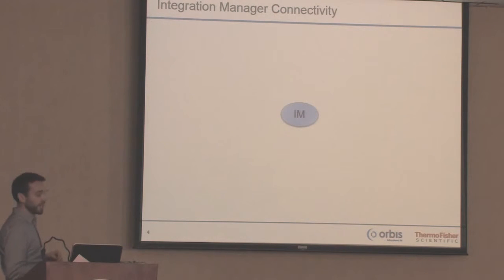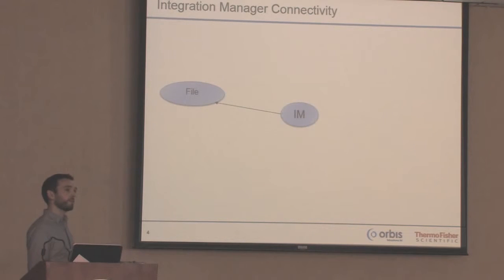So how do we form connections to all these different systems? In Integration Manager we have what's known as agents, and each agent allows a specific type of connection. We have a file agent, which allows you to import and export files from a specific location, perhaps an instrument file.